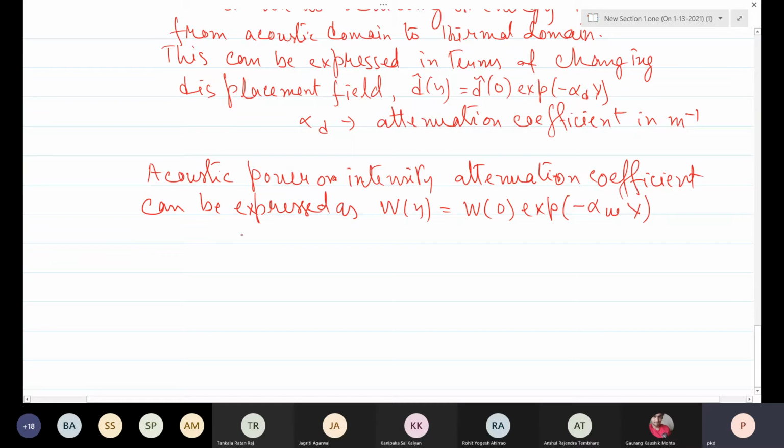Similar to this, alpha W is expressed as the power attenuation in meter inverse. So this is very similar to, say, light intensity or any other intensity like X-ray, etc. Everywhere the same kind of expression is used.